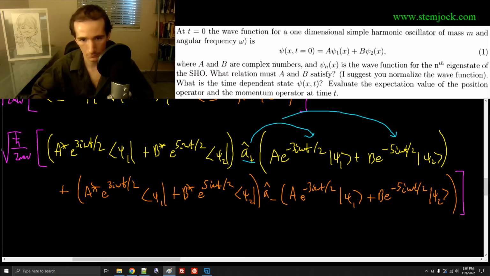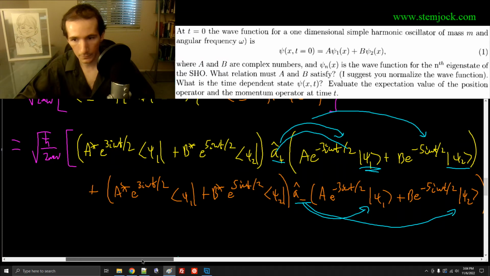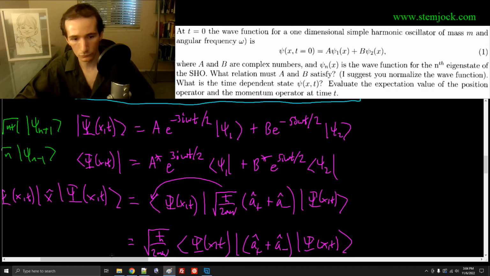So a plus will act specifically on ket psi 1, and for the second term it'll act on ket psi 2. A minus here similarly will act on ket psi 1 and ket psi 2. And in doing so we will use these rules here.